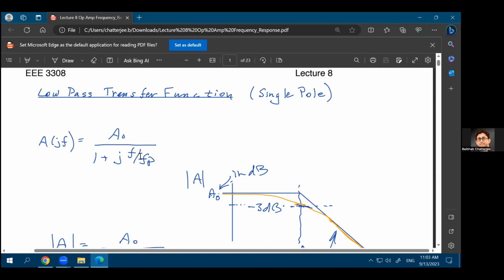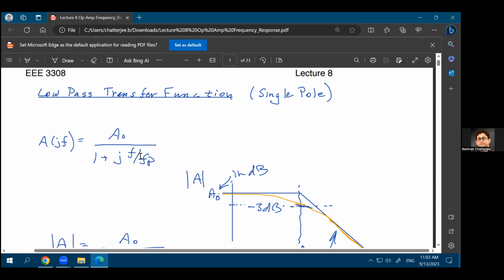How does this equation come in? Let me erase some part of this. Okay. So what we are saying is that my transfer function is A naught. Till now, you have only considered A naught, which is the gain at zero frequency. That's why we call it A naught.